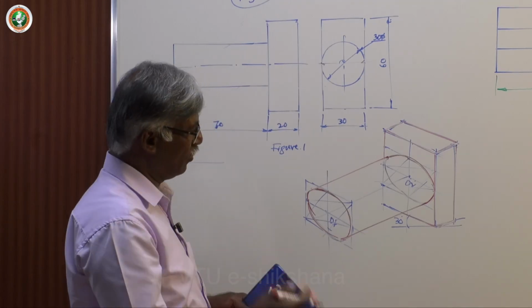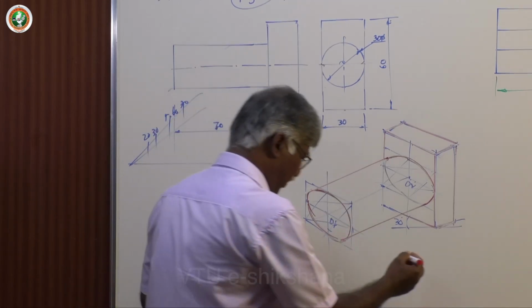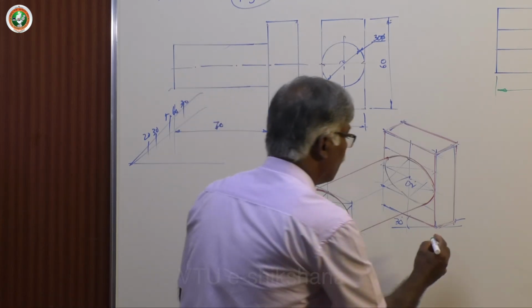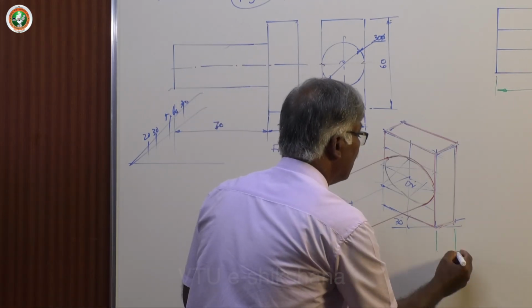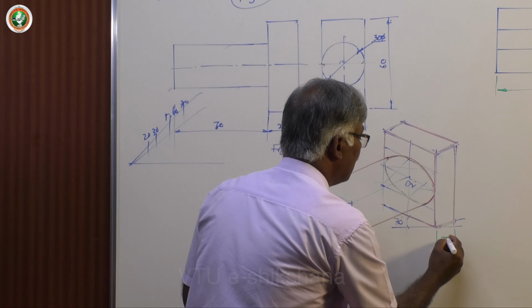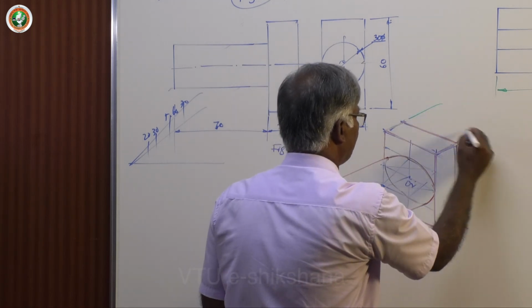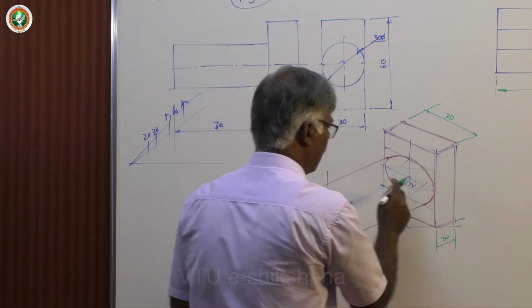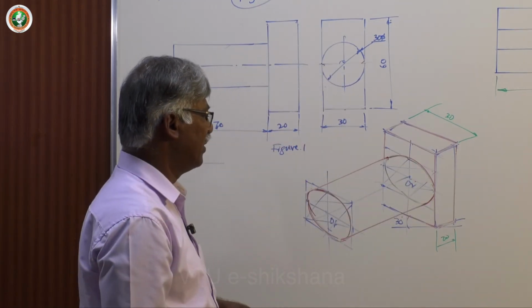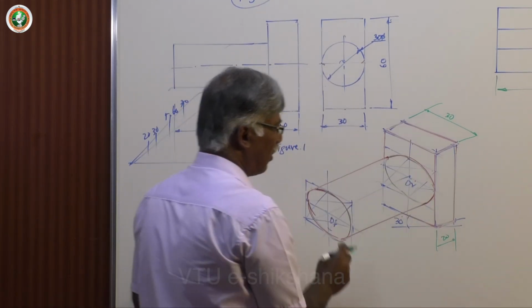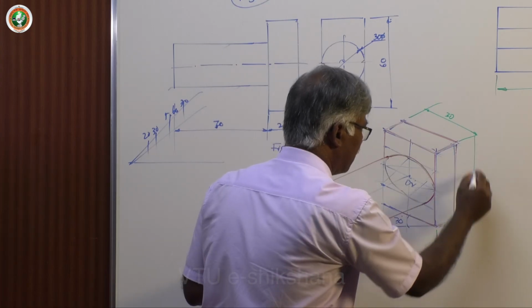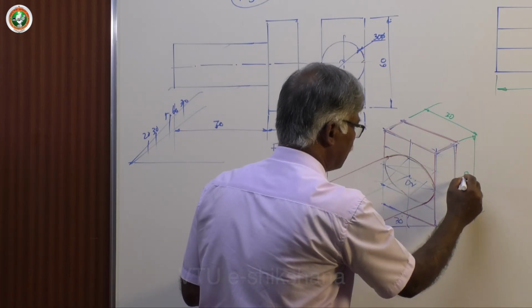So as usual, keep dimensioning with the given reference. So here is the thickness 20 and width, this is 30 given, that is equal to the diameter of the circular rod, and height, this is 60.